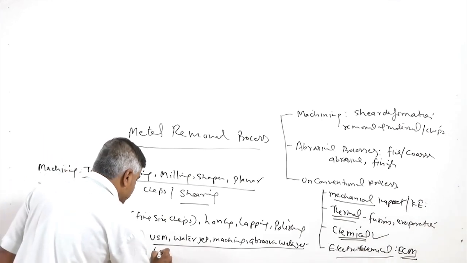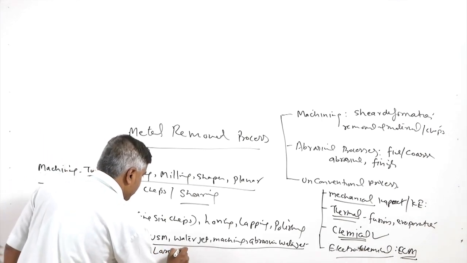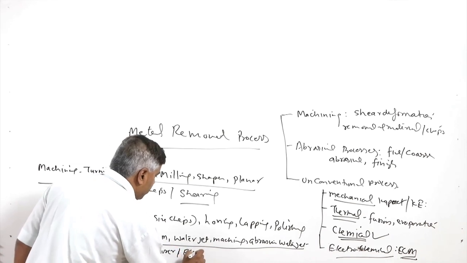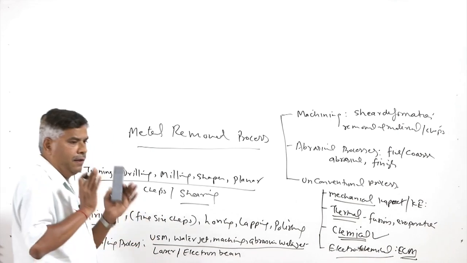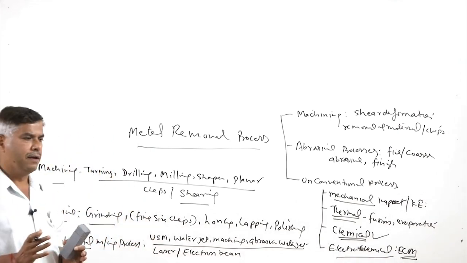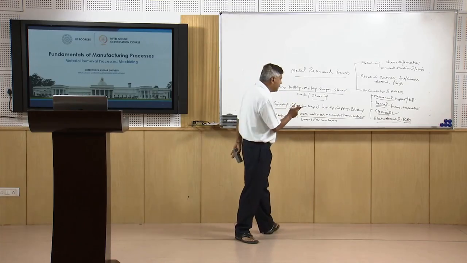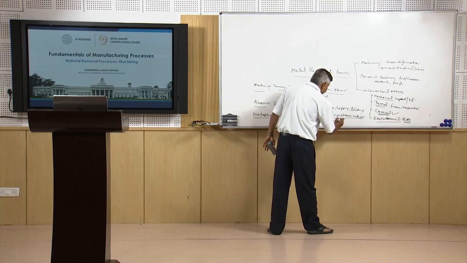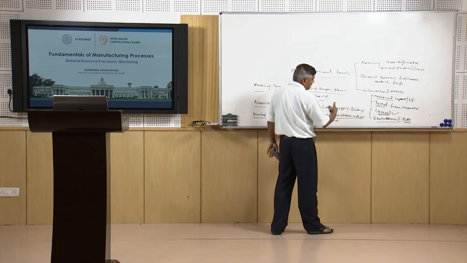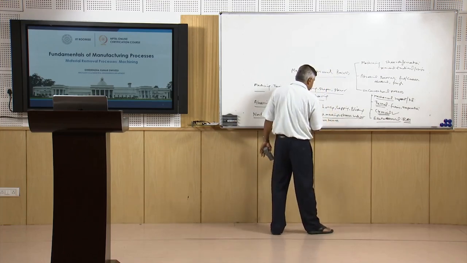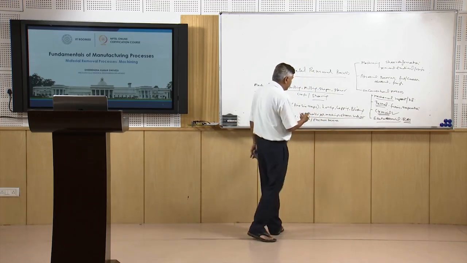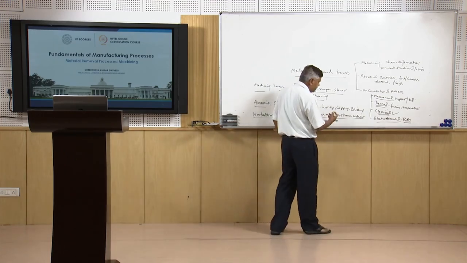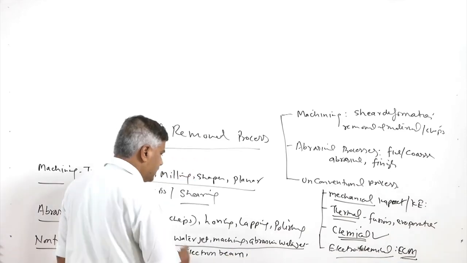Then laser and electron beam processes, where a high energy beam is focused over a small area, so that metal ablation or evaporation takes place, and controlled removal of the material from the stock helps to achieve the desired size and shape.